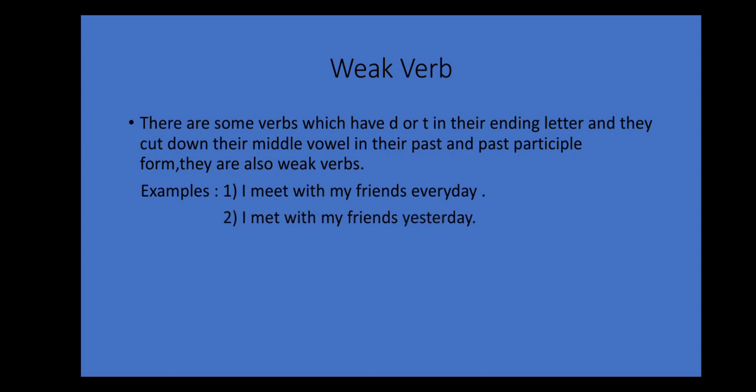I met with my friends yesterday. So you see, the past form of the verb meet is met and the change is only in the middle vowel. One middle vowel is cut. I hope you are clear now. There are some more verbs like this: shoot, shot, fit, fit, etc.